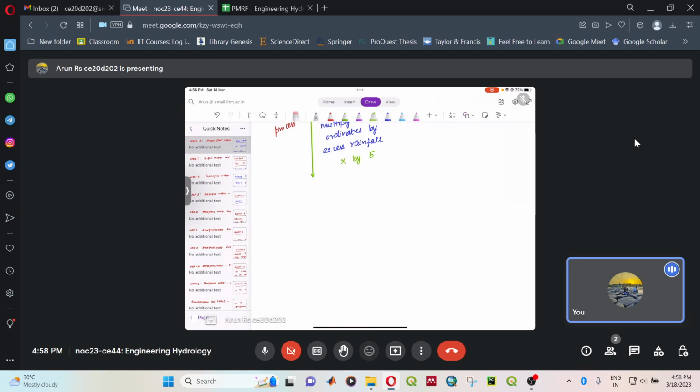So the resultant will be, this is again 3 hours, but since we have multiplied it by 5, this magnitude is 5 centimeters. And what we will be getting is the direct runoff hydrograph.